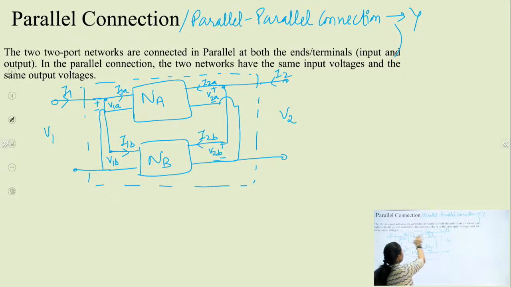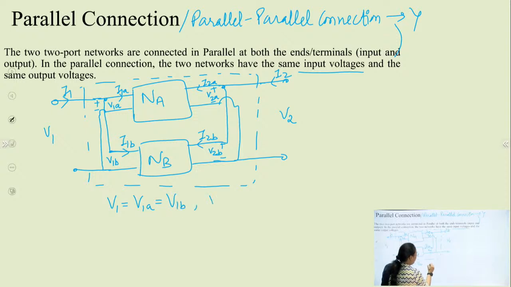From this connection we can conclude that in parallel connection we have the same voltages, right? And the current will be the summation of the two currents of the two-port networks, right? At the input side, same as at the output side. So at the input side I can write V1 will be equal to V1A, which will be equal to V1B.